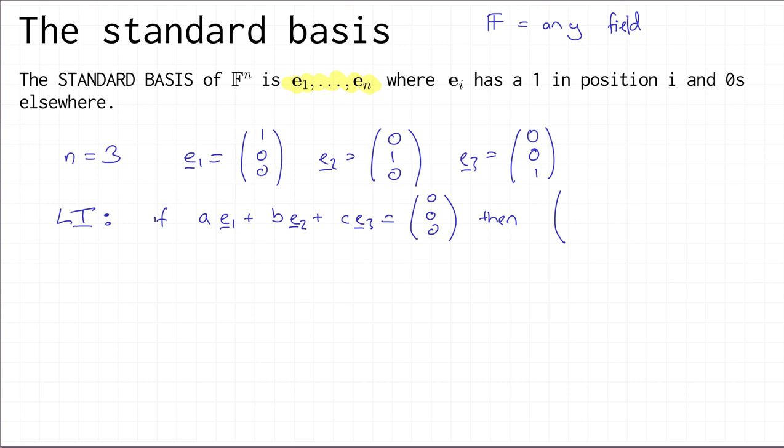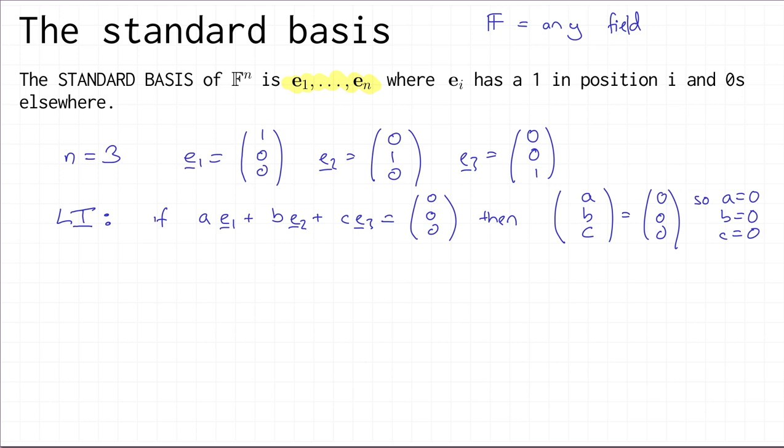So when you add those up, you get (a, b, c), and the right hand side was (0, 0, 0). So a is 0, and b is 0, and c is 0. We've shown the only linear combination of e1, e2, e3 equal to the 0 vector is the linear combination where all the scalars were 0. That's the definition of linear independence.